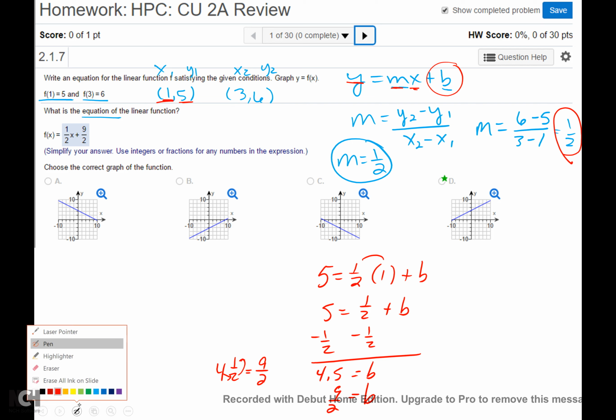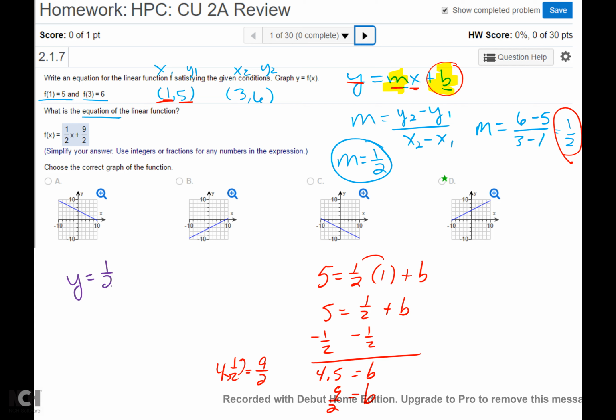Now, if I go back and I plug in my m and my b, I will have my linear equation, which will be y equals 1/2 x plus 9/2. Now, to graph that, you would start at 4.5.